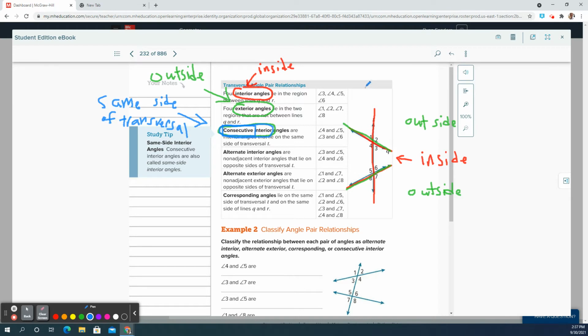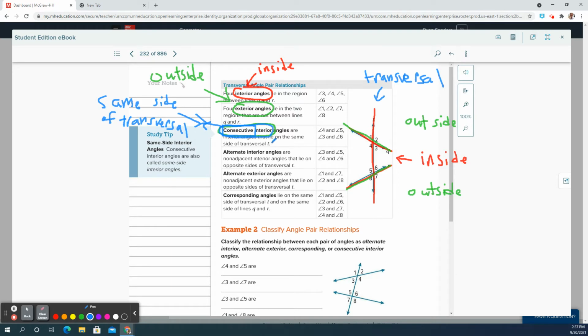Remember, the transversal is the one I have in red here. I'll go ahead and label it. So there's your transversal. So we're looking at consecutive interior. Consecutive is the same side of the transversal. Interior is on the inside. So we're combining two terms here.